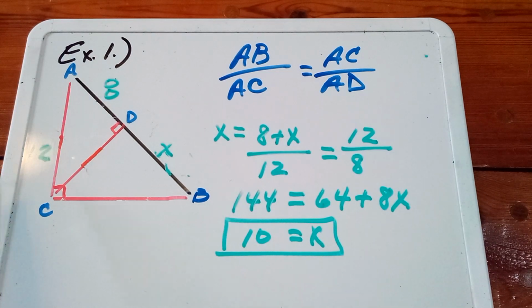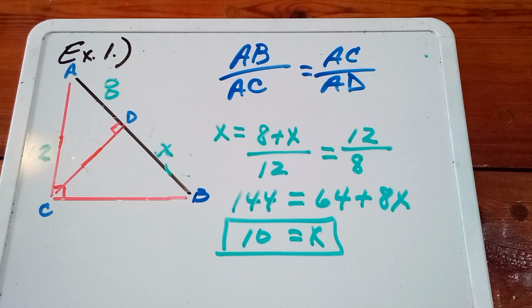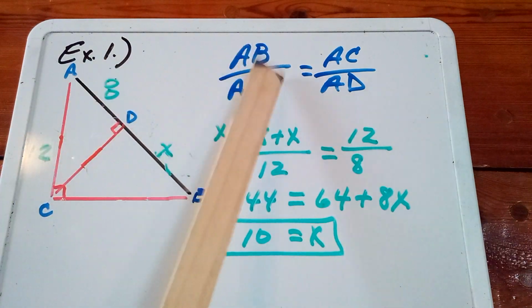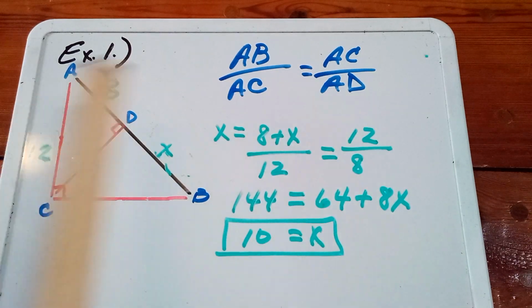And on our problem, we are given this value, and we are given this value. And we're going to solve for this leg right here. And again, it's what I call the M1, the first mean leg setup for the ratios.